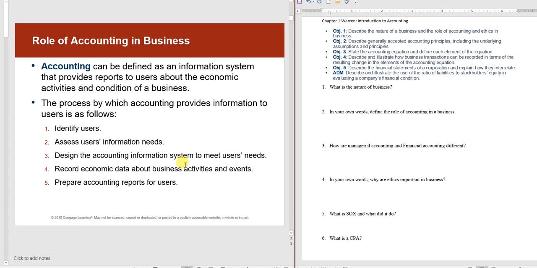And basically, accounting is the report that we give to the owners to show them how we did. So we're going to see who uses it, and we're going to figure out what they need. A lot of times, how much did we make might be a question that you have. Design the accounting system to meet the user's needs, and record the data and prepare accounting records.